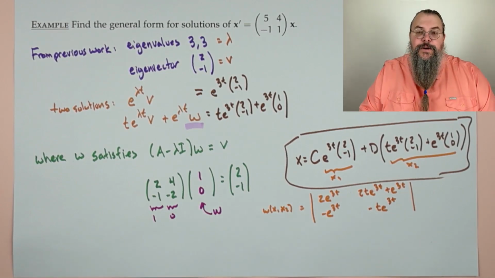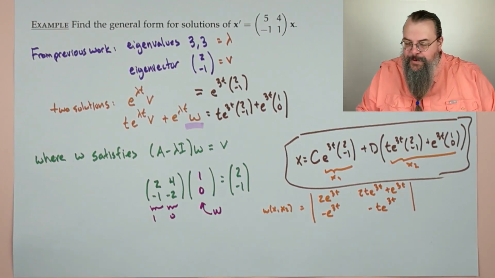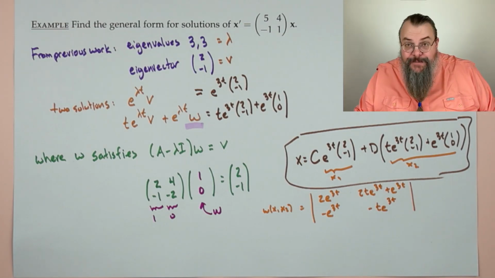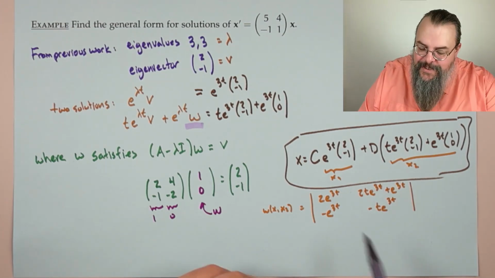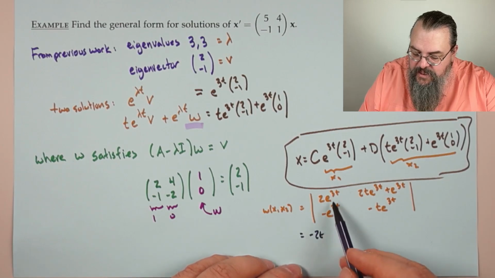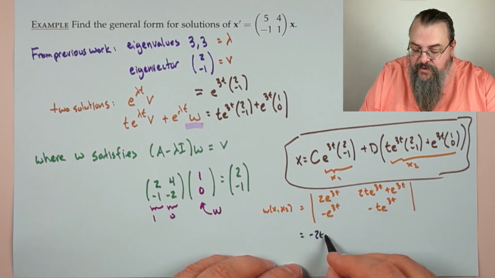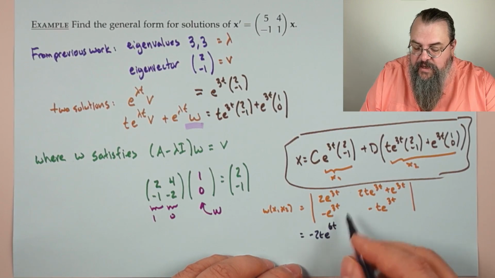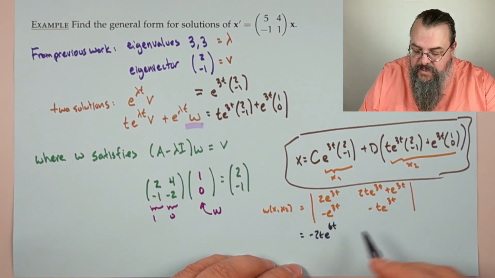So that becomes, okay, we'll have minus 2t, e to the 3t times e to the 3t becomes e to the 6t. You add the exponents. Then we're going to subtract.